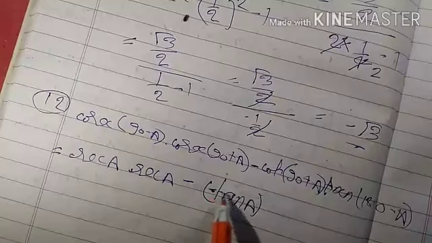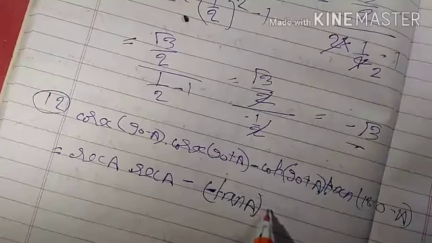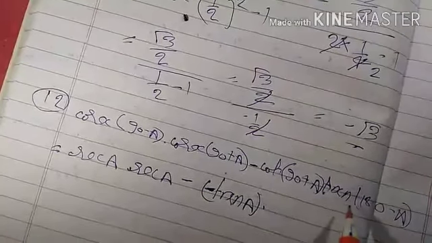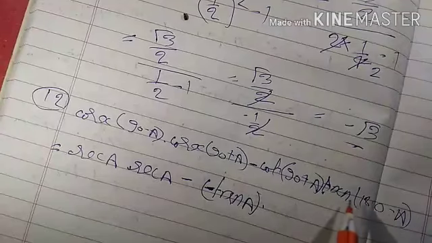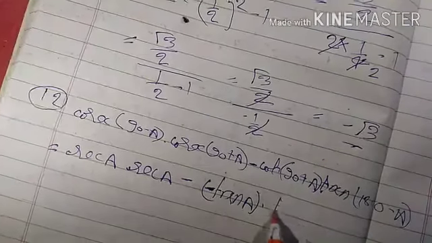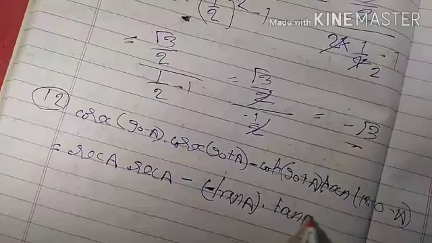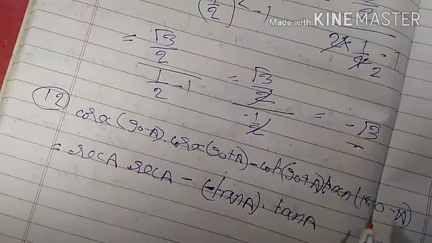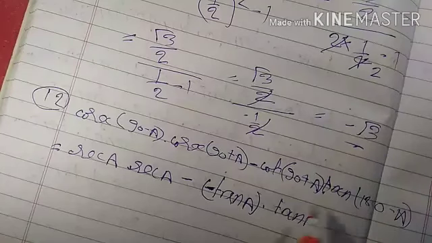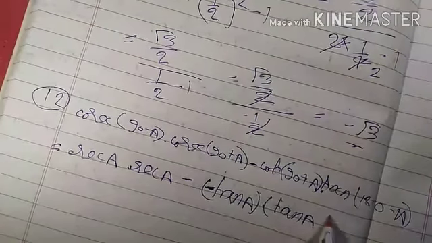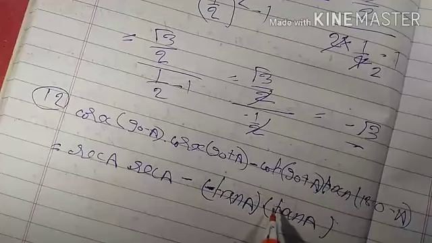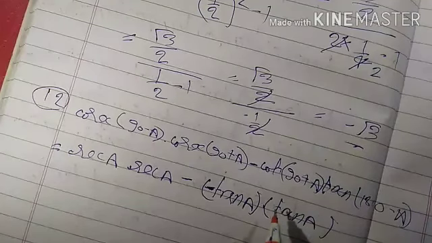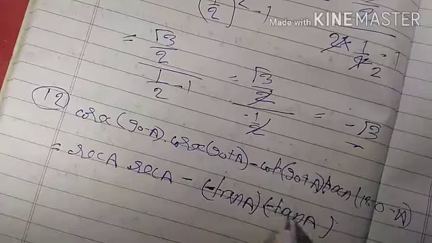And 90 plus a is in the second quadrant, so only sin theta and cosec theta are positive, so cot theta is negative, so we can write minus tan a into tan(180 minus a). In 180 minus a, functions are not changed, so we can write tan a, and 180 minus a is in the second quadrant, so only sin theta and cosec theta are positive and the other functions are negative, so tan a is negative.